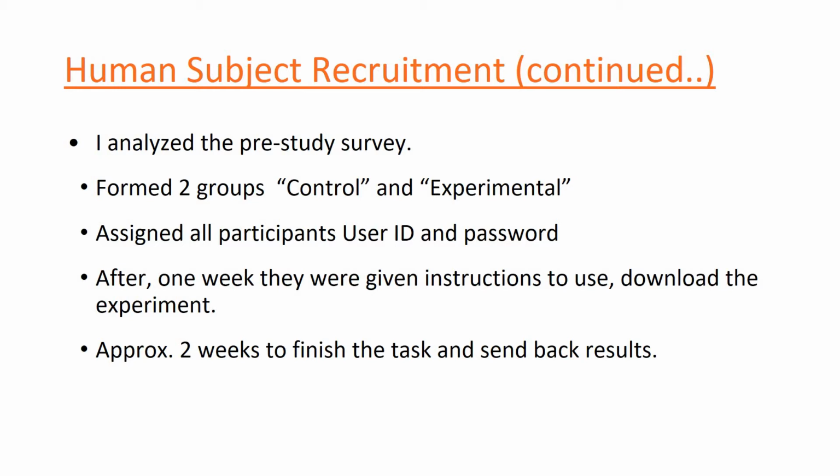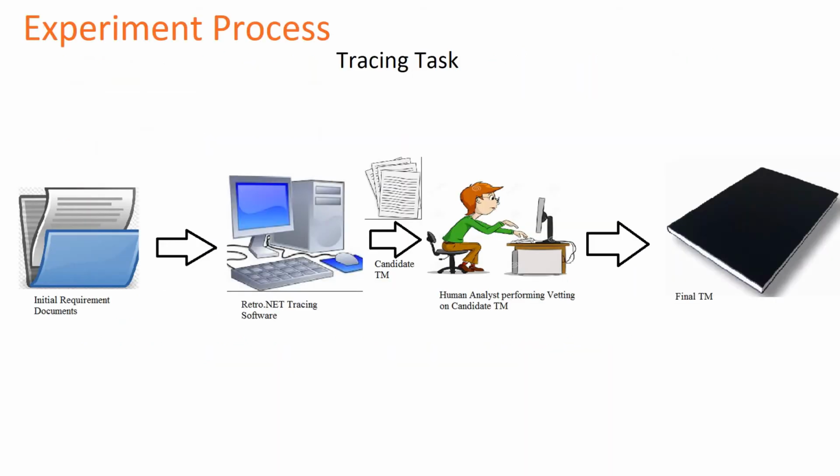Then I assigned all the participants a user ID and password to access the experiment. After 1 week, they were given instructions on how to use the tool and download the experiment, and they had approximately 2 weeks to finish the task and send back the results.